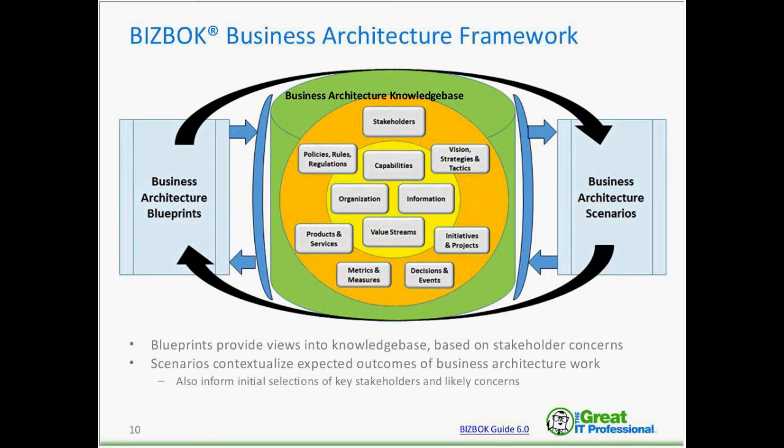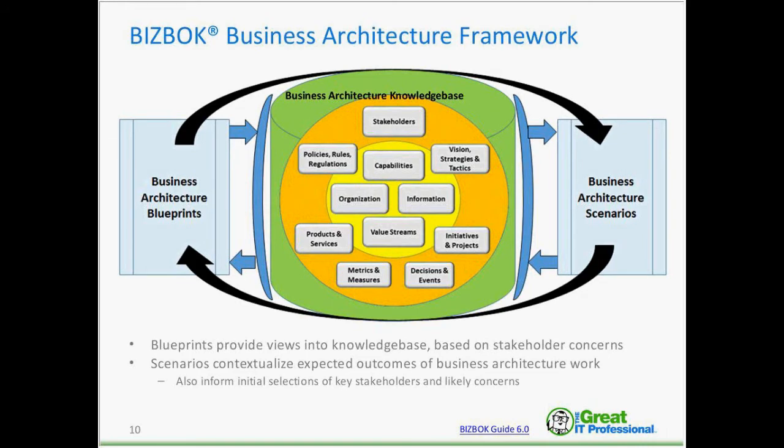The BizBoc Guide actually identifies 12 common scenarios that are very obvious good uses for business architecture practices, and those would be things like a merger and acquisition, or a joint venture, or operational cost reduction or simplification, or new product rollouts, or transitioning to a customer-centric business model.